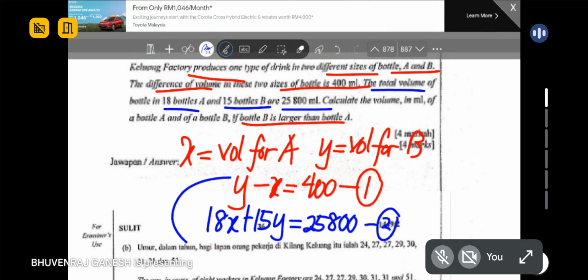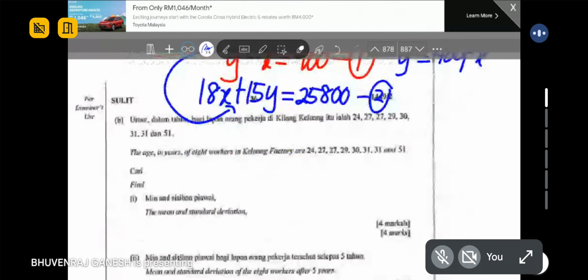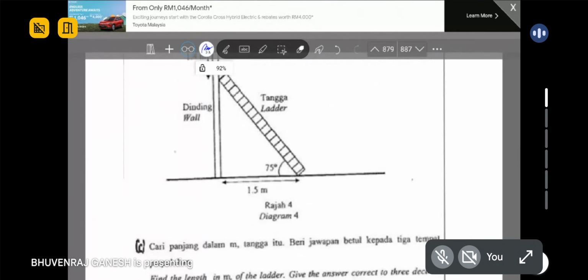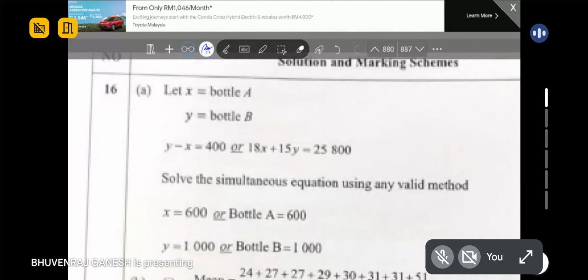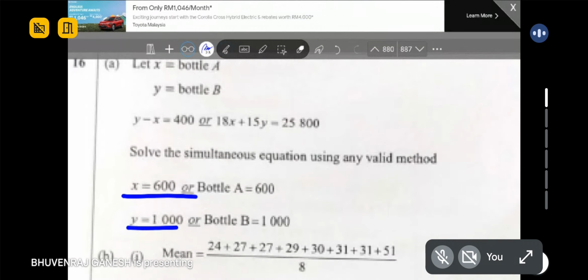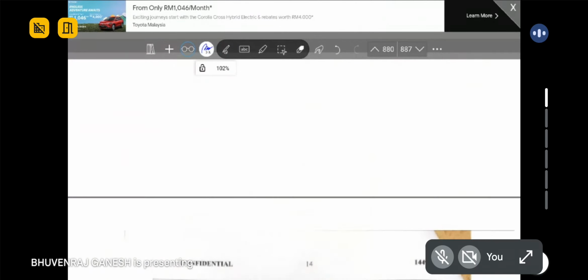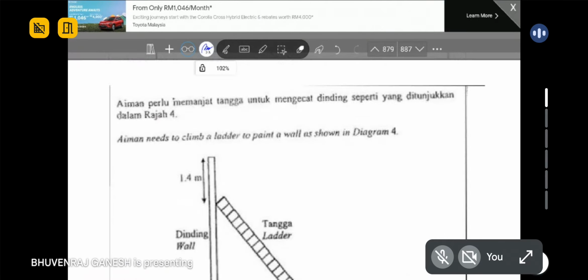You substitute this one inside here. Y equal to 400 plus X. You gantikan lah. Then you cari X and Y. Itu saja. So this is the final answer. So your answer is X equal 600, Y equal to 1000. Simple right guys? Question A. Senang kan? I think it's quite straightforward for question A. Just simultaneous only. Persamaan serentak.